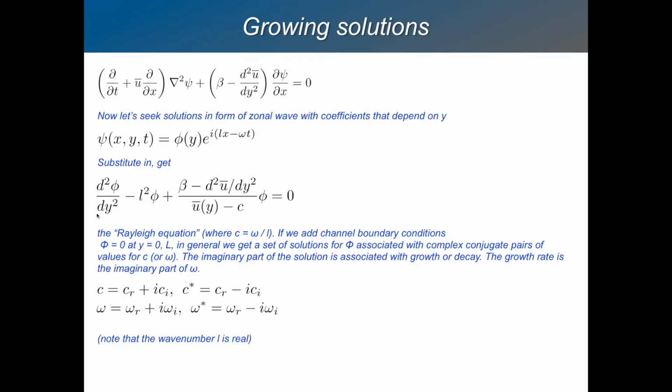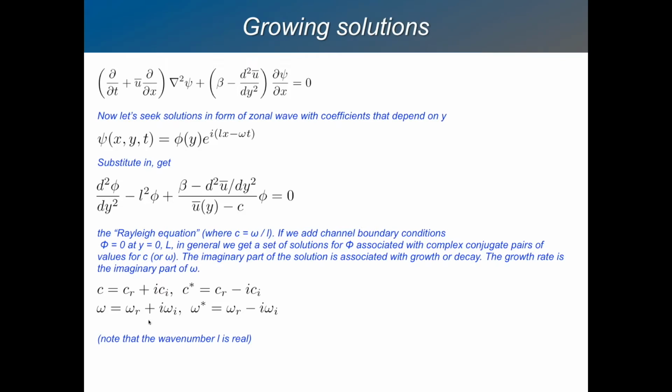But we're not going to solve it. We're not going to try and find solutions to this Rayleigh equation. What we're going to do is analyze it for the possibility of growth, so for the possibility of exponential solutions here. Is it possible for omega to have an imaginary part? So we talk about our wave properties, if you like, having complex conjugate pairs associated with the solution.